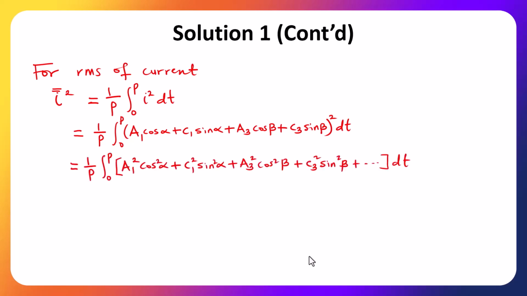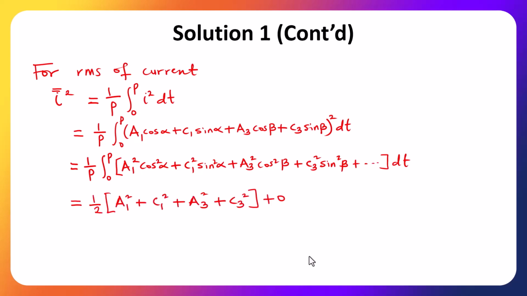If we expand the expression inside the square, we have 1 over P integral from 0 to P A1 squared cos squared alpha plus C1 squared sin squared alpha plus A3 squared cos squared beta plus C3 squared sin squared beta plus and so on, dt.